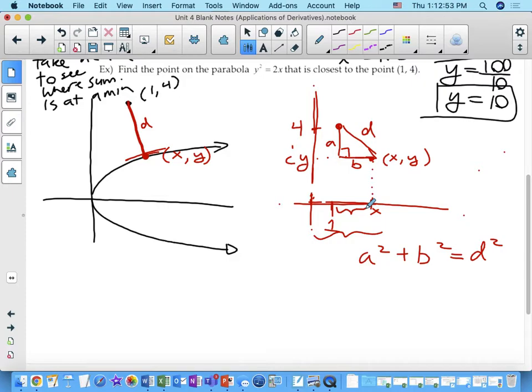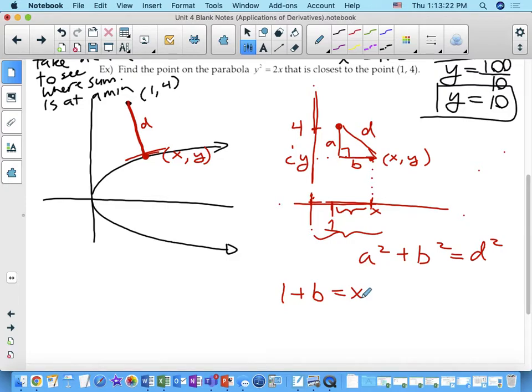Yeah, you could think of it that way, right? 1 plus b equals x. So what's b going to equal? x minus 1. Yeah, b is x minus 1.